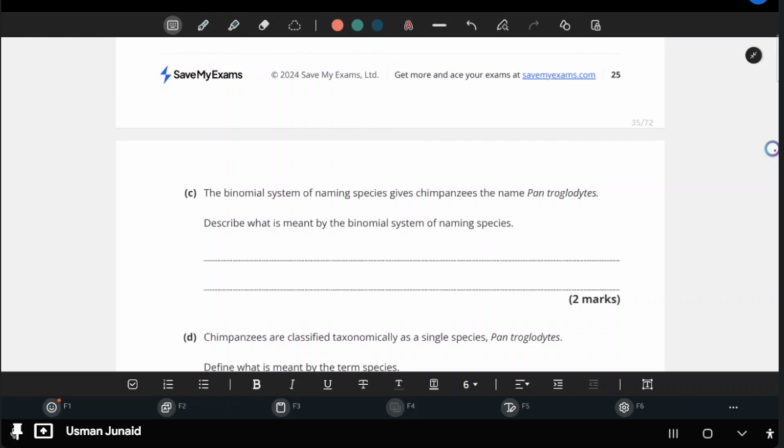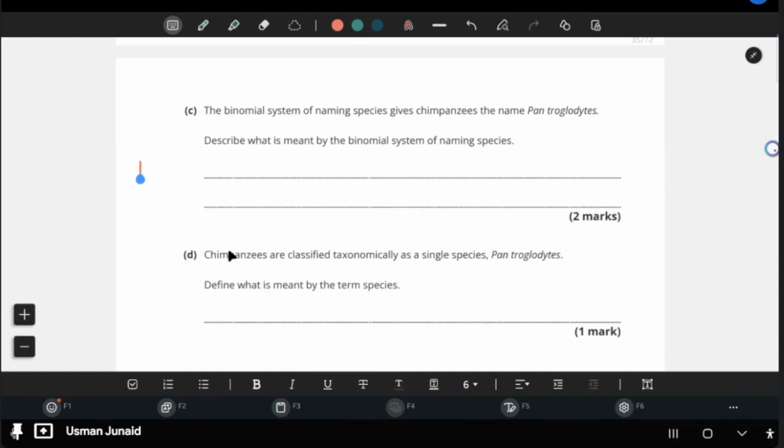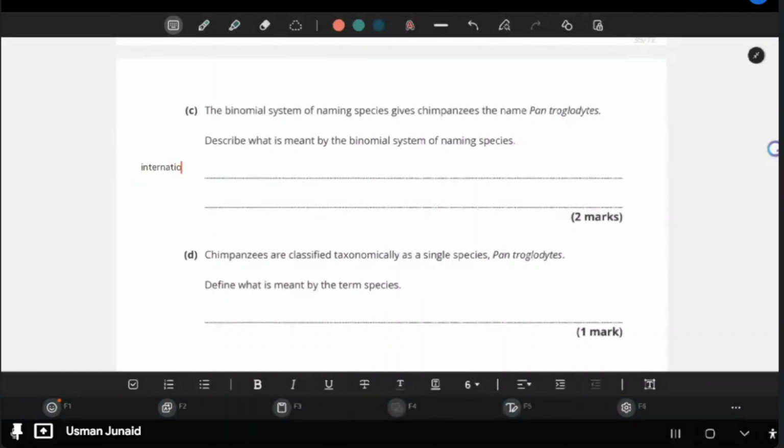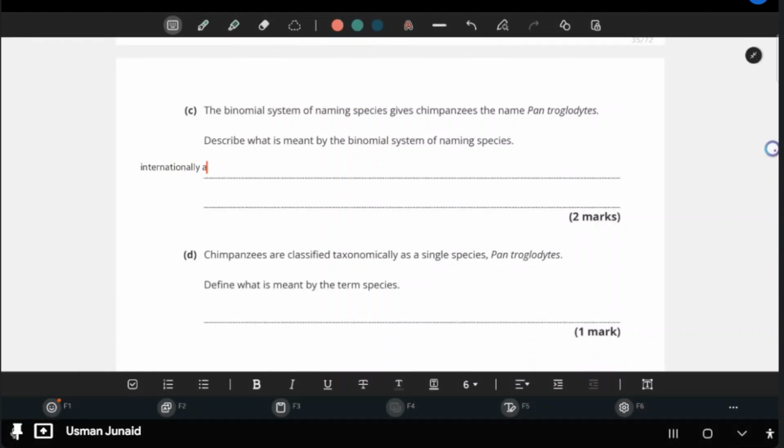So the first thing about the binomial system is that it is an internationally agreed system.